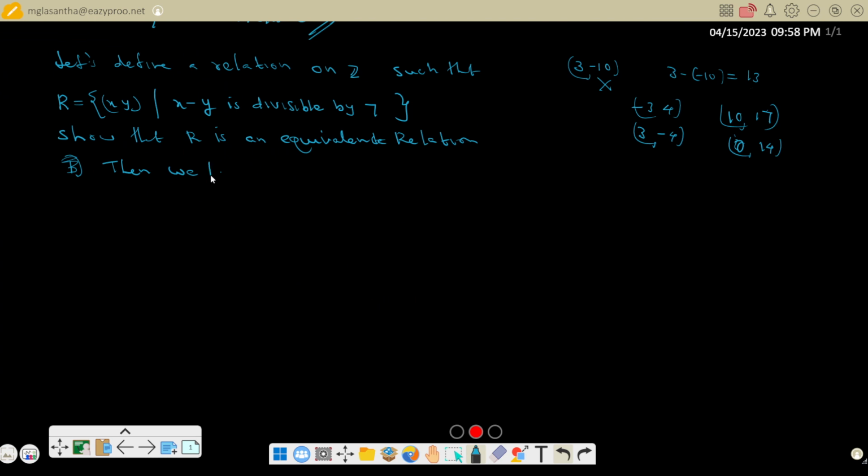Then we have to show one, reflexive property; two, symmetric property; three, transitive property.